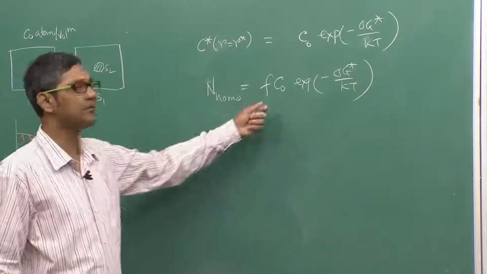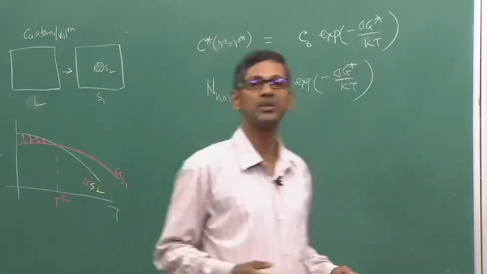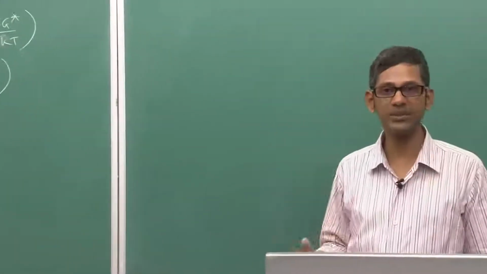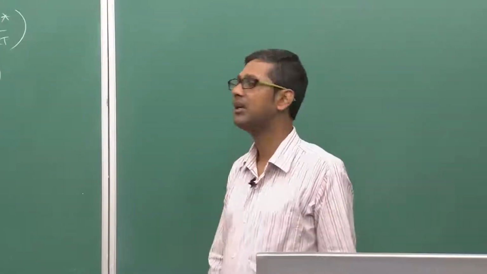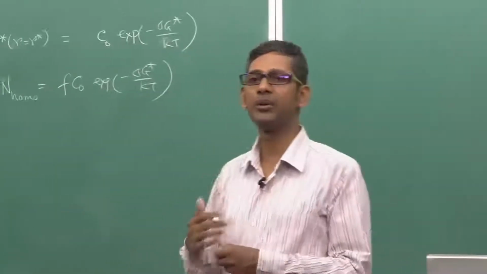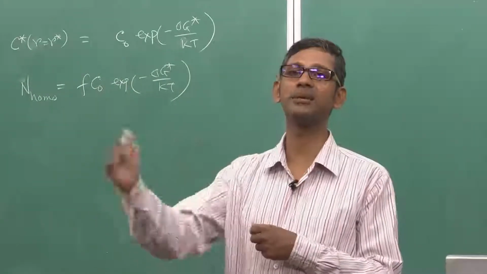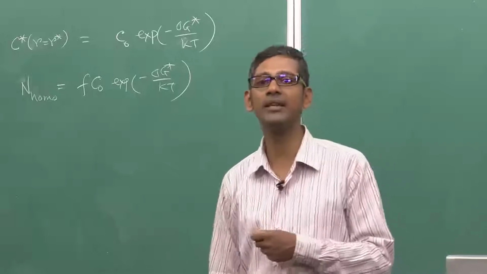That f is the vibration frequency, collision frequency, you can say many things. It depends on vibration frequency, and it depends on the activation energy also, because atoms from the liquid are going to join the solid. So, they need to cross an activation barrier. Why do they need to cross activation?